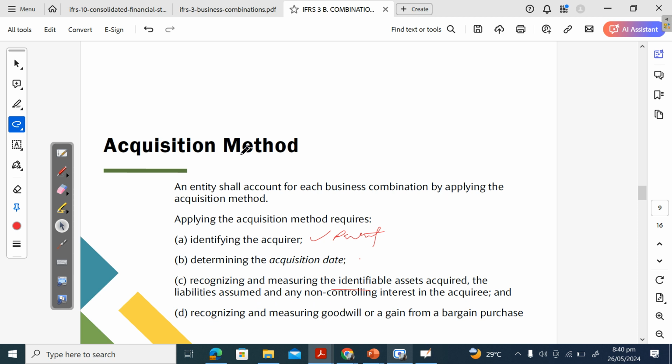Net assets is the same as assets minus liabilities. So the parent company has to identify all the net assets, or all the assets and liabilities, of the subsidiary. Then after that, the parent company has to determine or calculate goodwill. He has to determine goodwill, and we'll look at goodwill very soon.